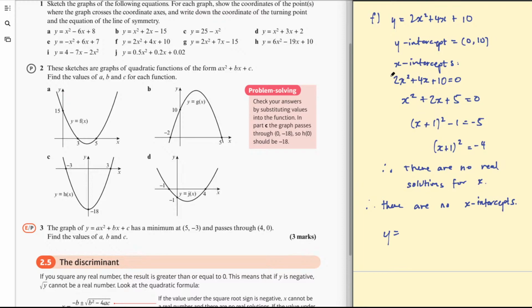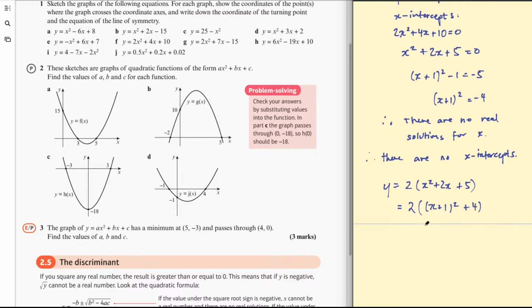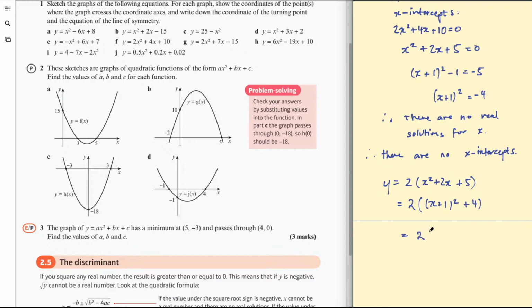We just have to use completing the square on this expression here. So if we factorize the 2 out, we have 2 multiplied by x squared plus 2x plus 5, and then we can write that expression as x plus 1 all squared take 1 plus 5 was plus 4. And then if we expand the 2 out again, we get 2 times x plus 1 all squared plus 8.